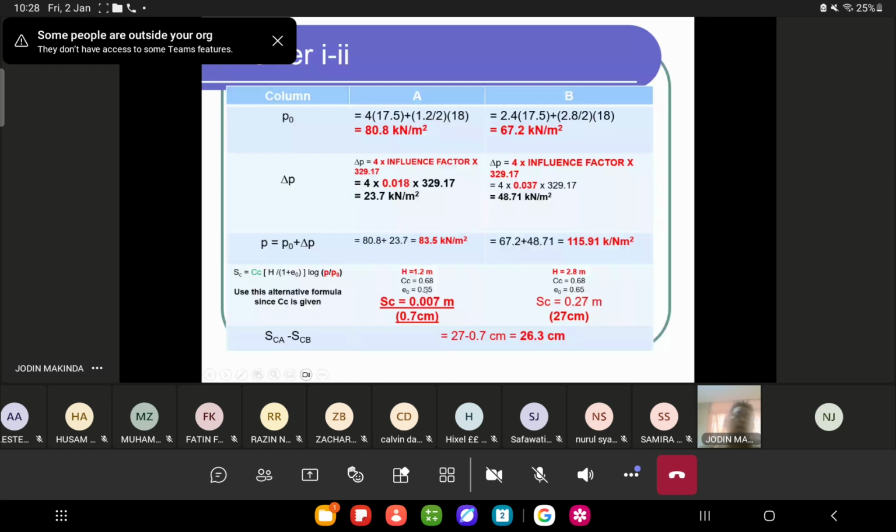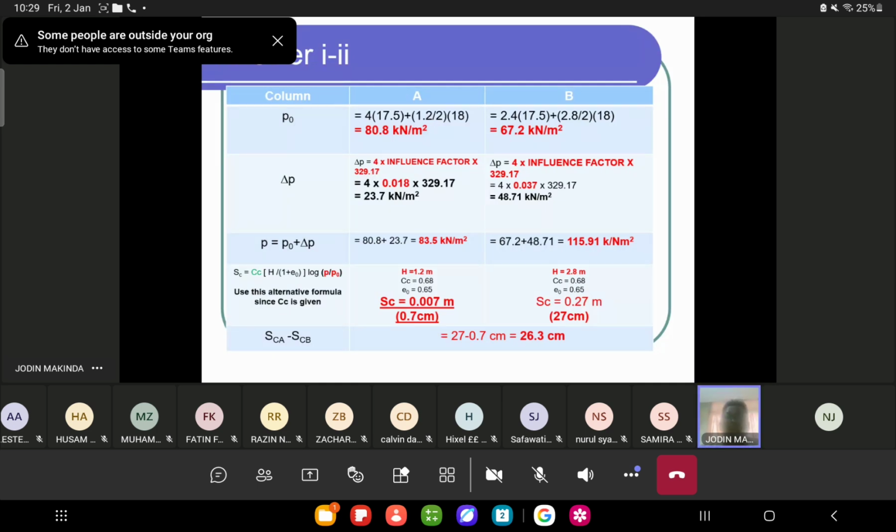So we can find the SC, yaitu 0.7 centimeter. Same goes to point B. SC is 0.27 meter or 27 centimeter.